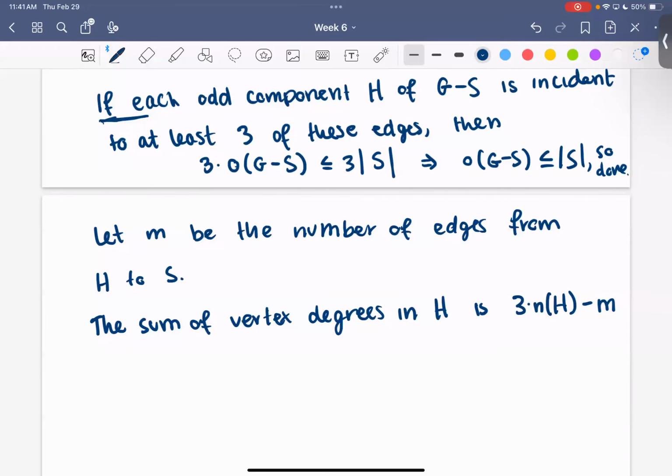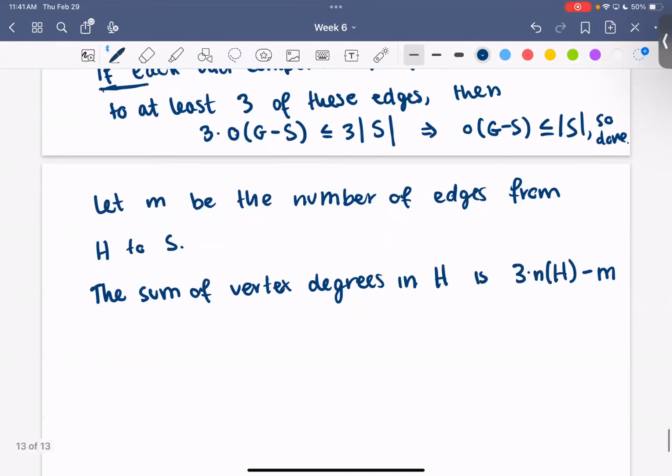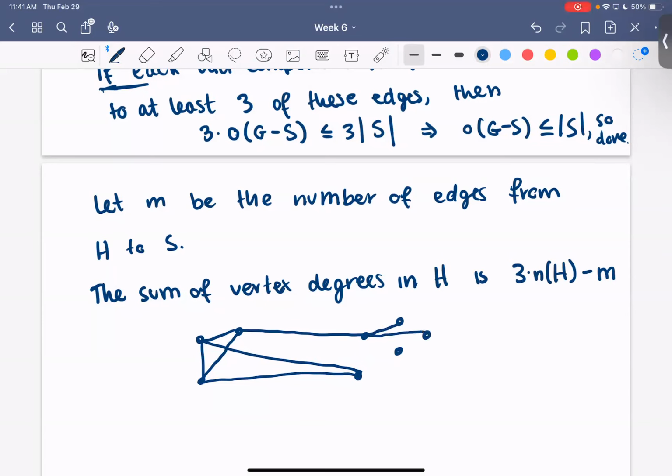Does that make sense? Maybe it would help to draw a picture. I have to make a 3-regular graph. I'm failing spectacularly at making this 3-regular.